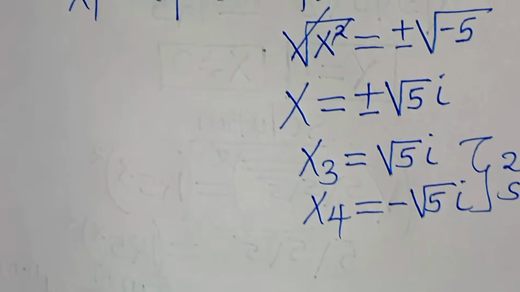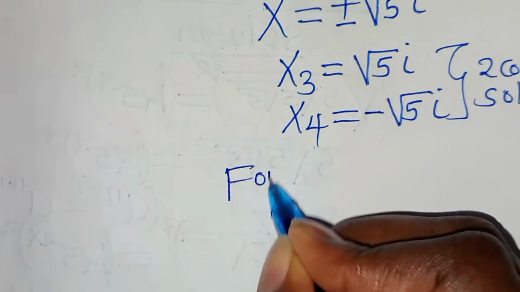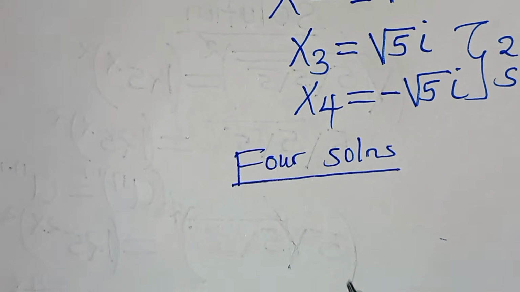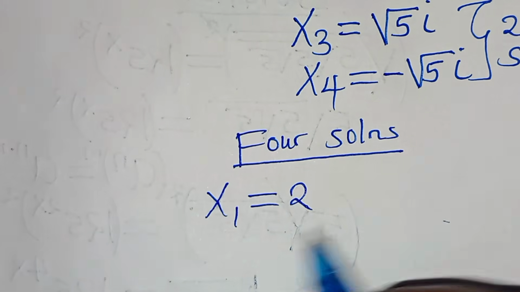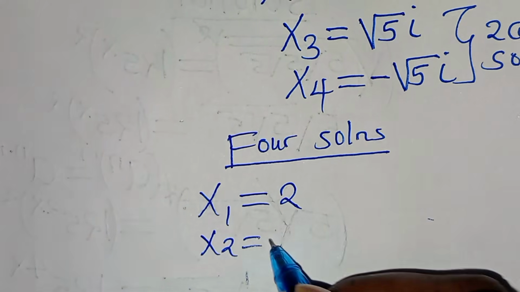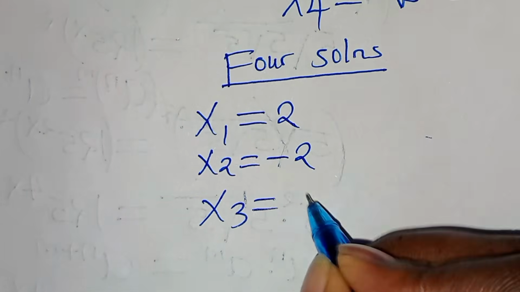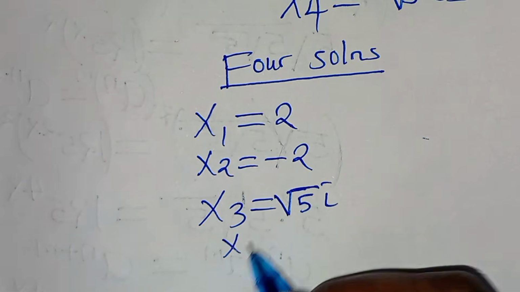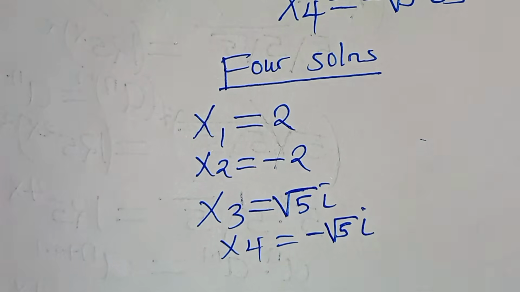So let's verify these four solutions here. We have that x1 is equal to 2, x2 is equal to minus 2, x3 is equal to square root of 5 i, and x4 is equal to minus square root of 5 i.